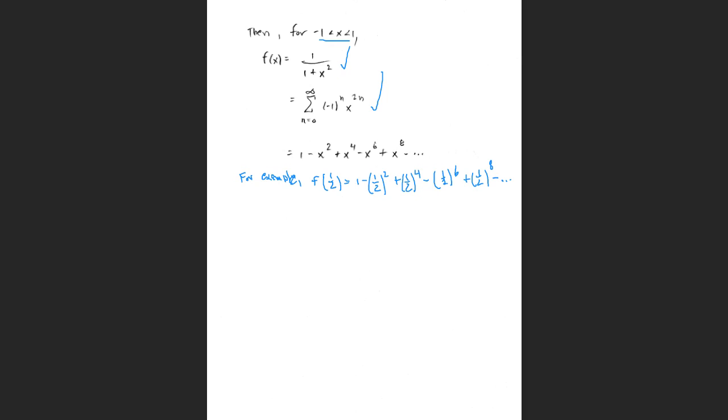And so forth. But f of 3 would not be equal to 1 minus 3 squared plus 3 to the 4th minus 3 to the 6th plus 3 to the 8th.